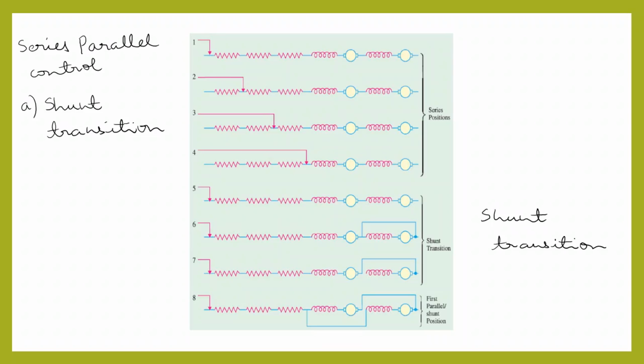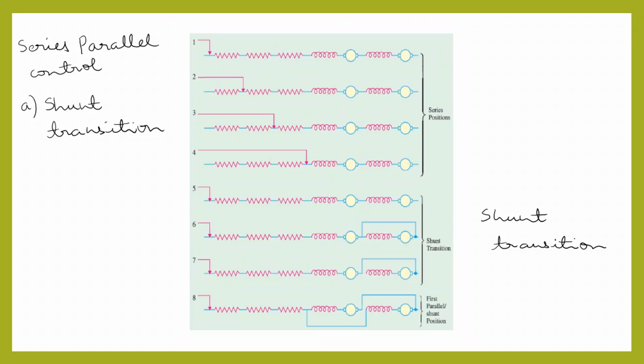So from steps 1 to 4, we have the series position of motors where the two motors are connected in series and the starting resistance is gradually cut off to 0. And then from series to parallel transition of the motors, the starting resistance is reinserted to the circuit, that is shown in step 5. And then in step 6, one of the motors is shorted and it is disconnected from the supply in steps 6 and 7.